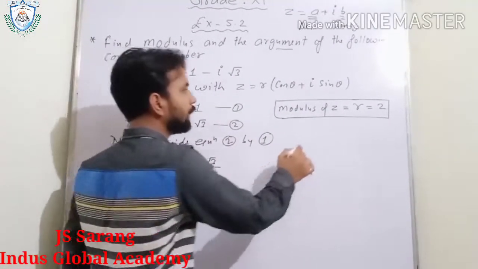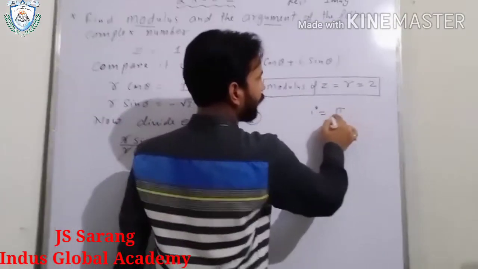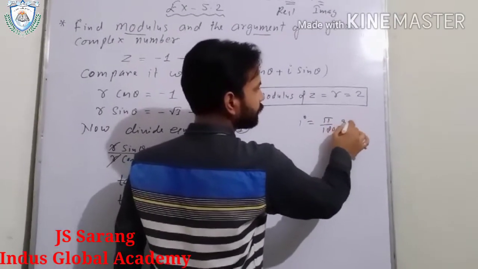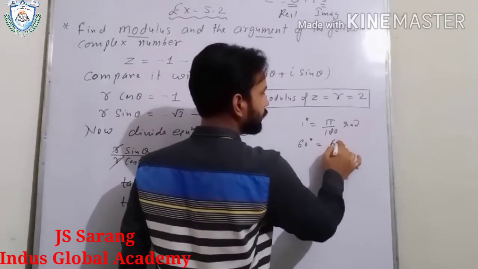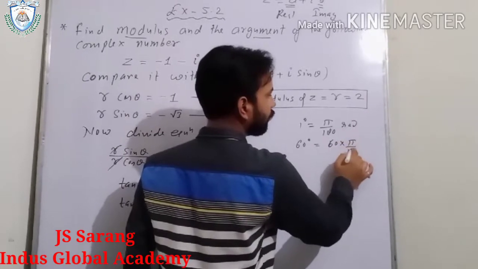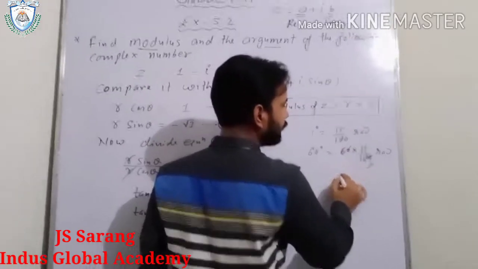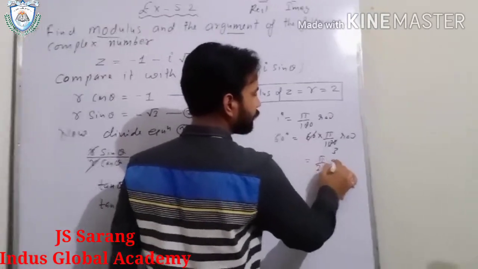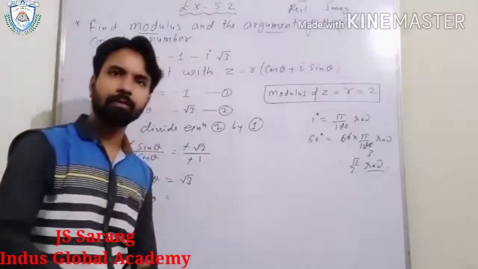So we know that 1 degree is equal to pi upon 180 radian. So 60 degree will be 60 into pi upon 180 radian, which means pi upon 3 radian. So in place of 60 degree we will write pi by 3.